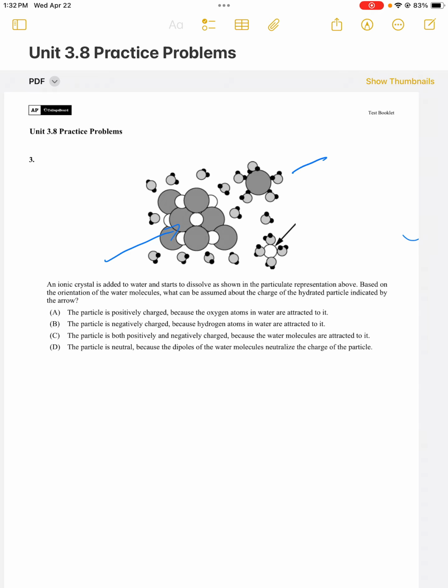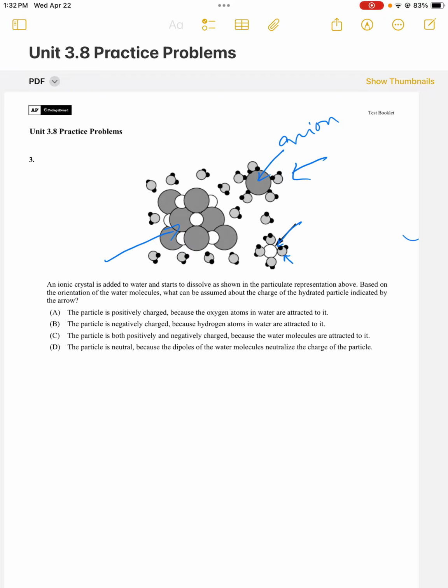And so with this image, you can see all of the hydrogens in these water molecules are kind of almost stuck on this larger thing. This will be an anion because it will have a negative charge, and that's what's attracting those partially positive charged hydrogens. Over here, this guy's smaller, and he's got the oxygen side of the water molecules pointing towards him.